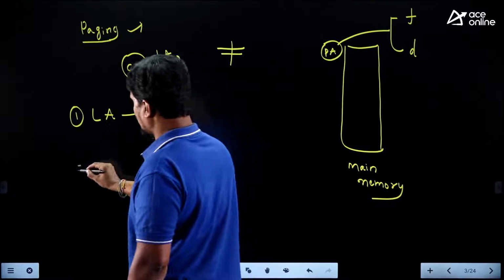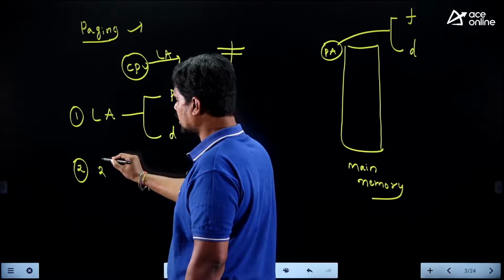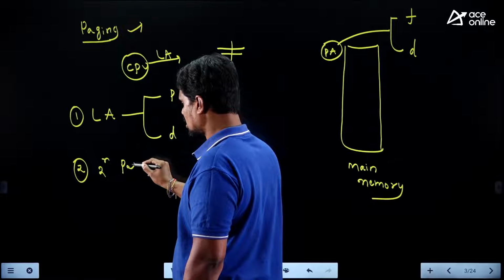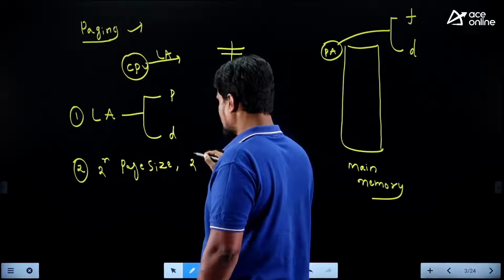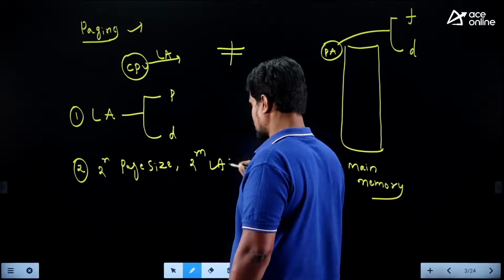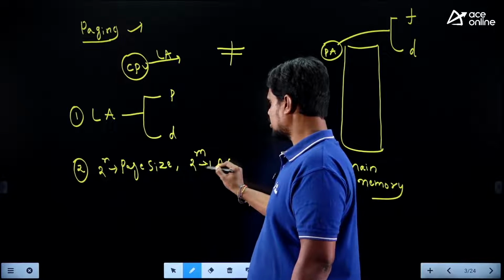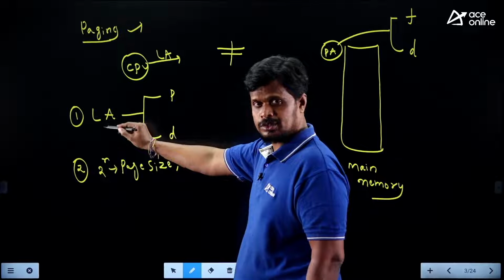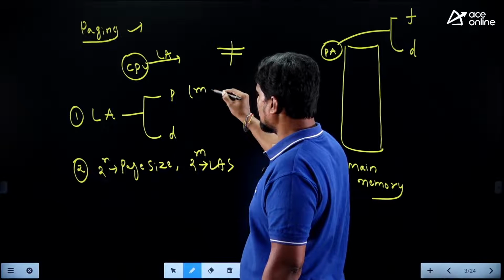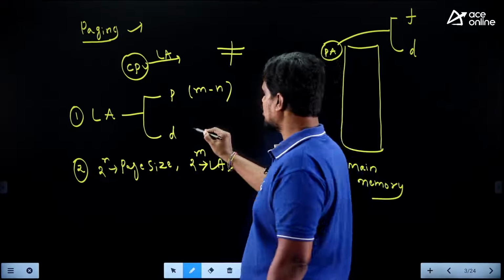Then coming to the second point. Let's say 2 power n is the page size, and 2 power m is the logical address space. Then the most significant portion of the logical address is m minus n bits, and the least significant portion of the logical address is n bits.